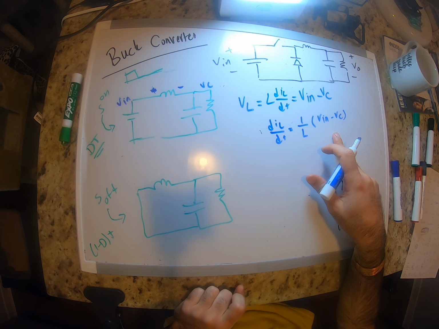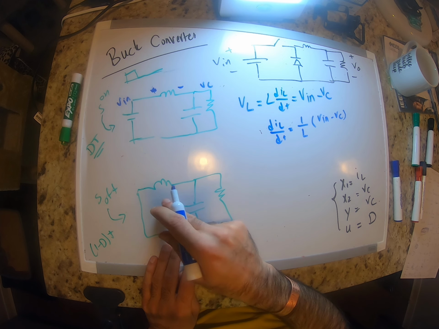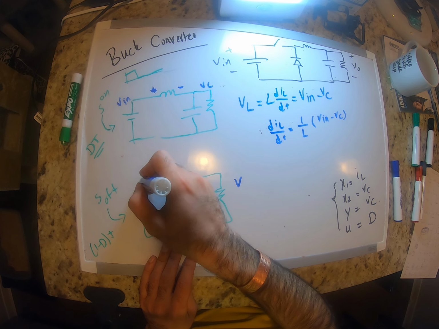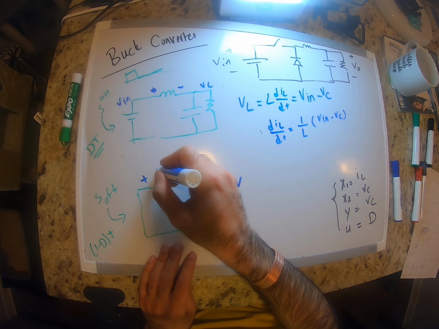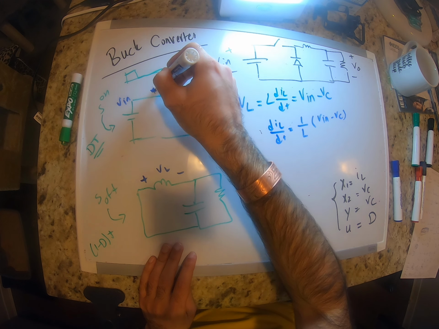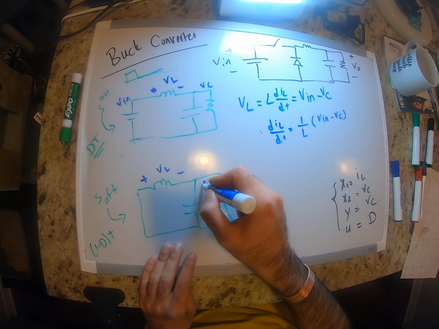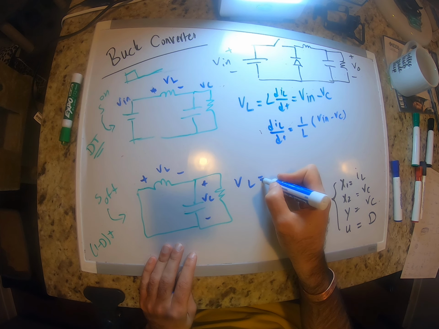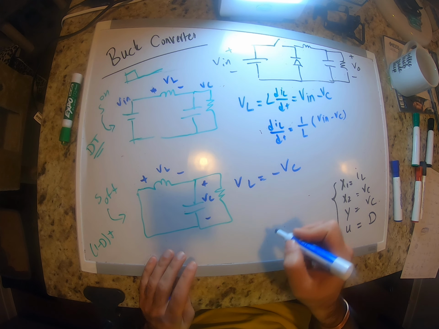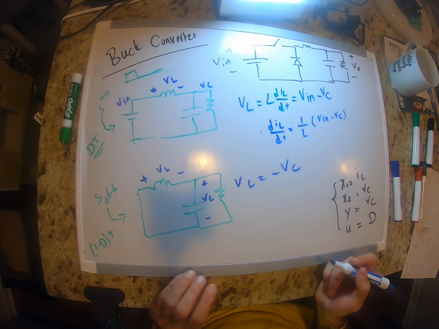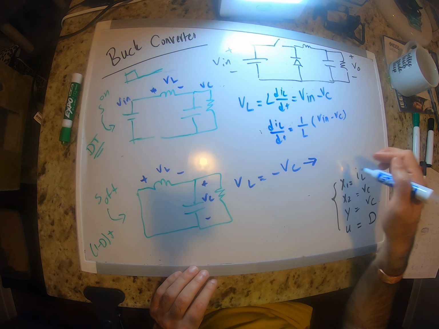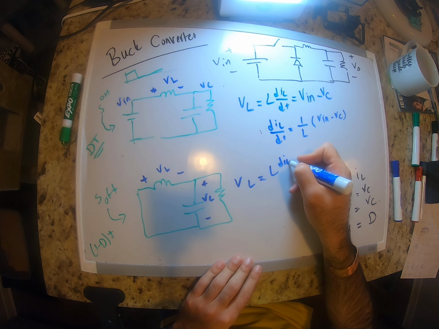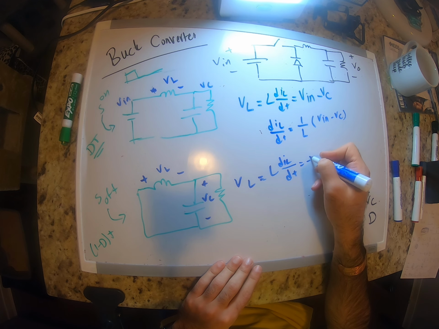In this part, VL is equal to negative VC. So VL, which is equal to L dIL by dt, is equal to negative VC.